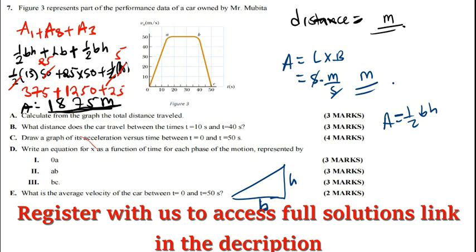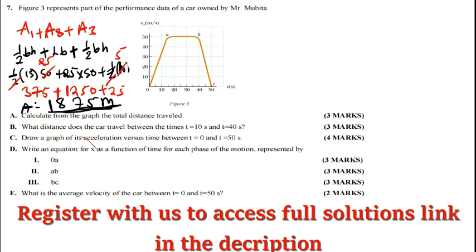This is what I'm going to do. We have got t when t was equal to 10 is here, and when t was equal to 40 is there.